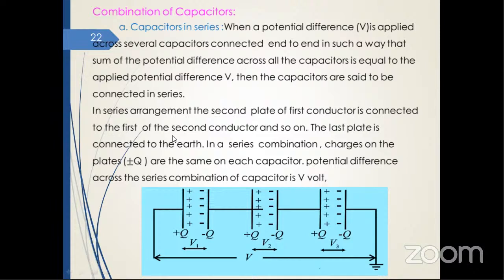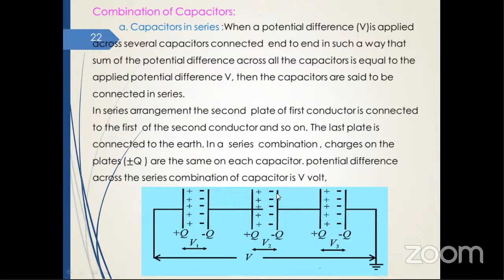In a series arrangement, the second plate of the first conductor is connected to the first plate of the second conductor, and so on. As I already told, the second plate of the first conductor is given to the first plate of the second conductor.